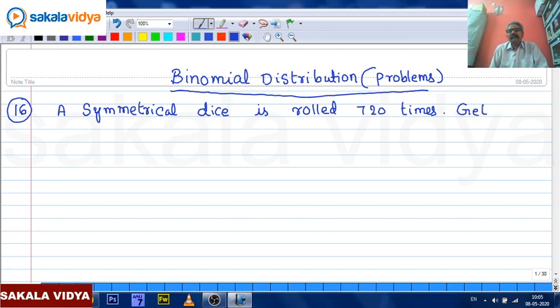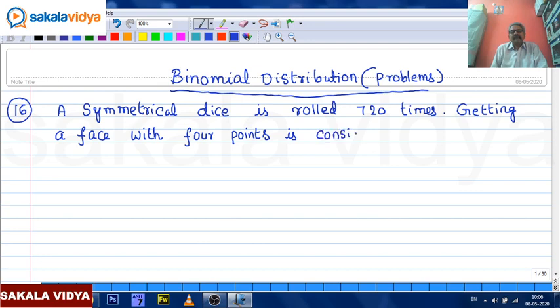Getting a face with 4 points is considered to be success.